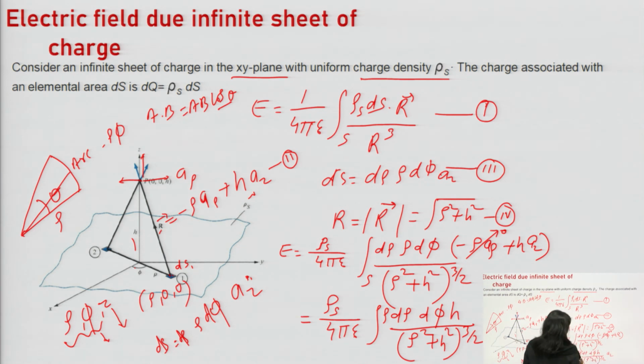Here this is a surface integral. In a surface integral we need to integrate 2 times because a surface area is made up of 2 things, like length and breadth or length and height. So we need to integrate 2 times in order to cover all the variation. So here we have 2 differential quantities, d rho and d phi.